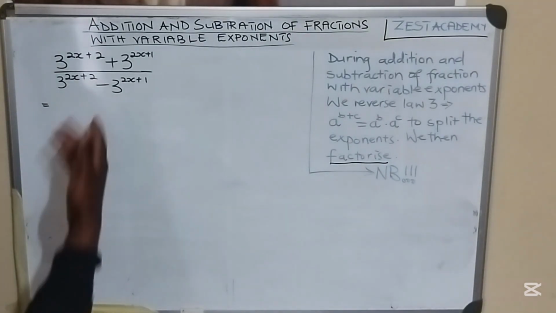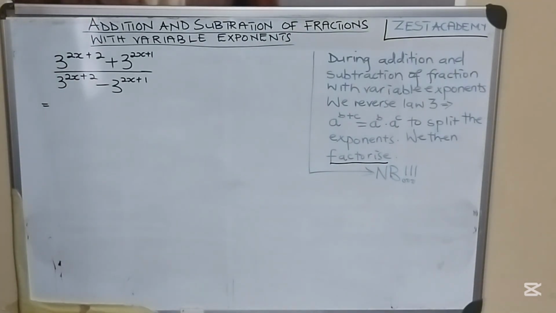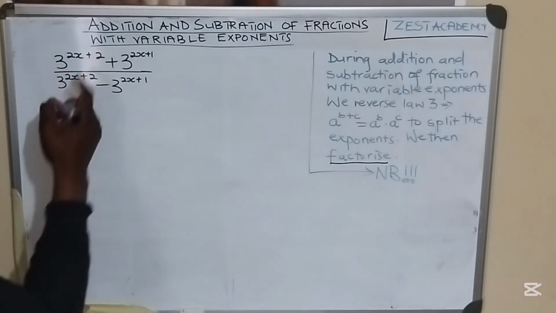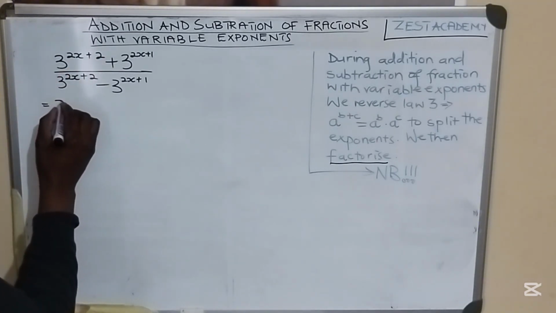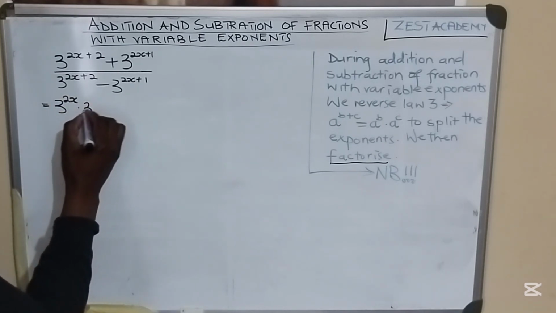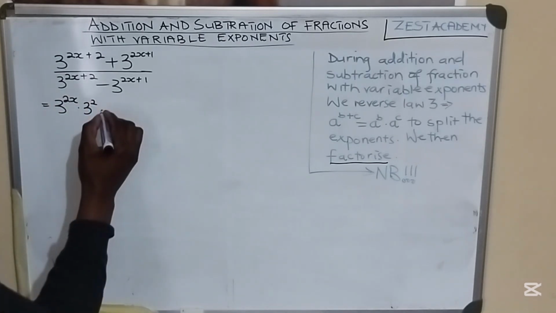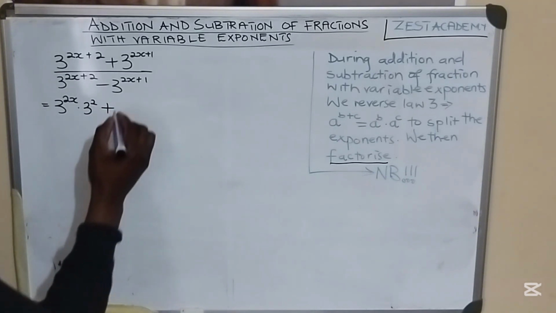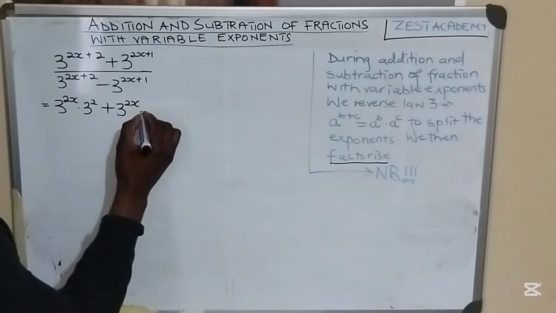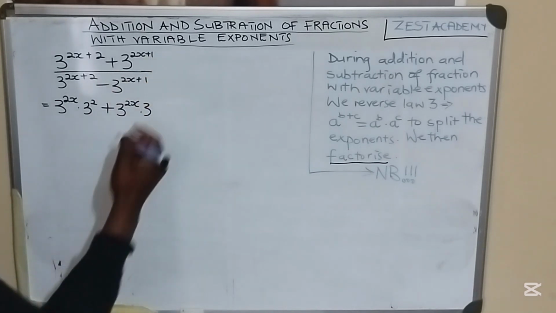So we are going to do the same here. Right, so let's split this. 3 to the power of 2x plus 2 can be written as 3 to the power of 2x times 3 to the power of 2. Plus this, we can split it to 3 to the power of 2x times 3 to the power of 1.